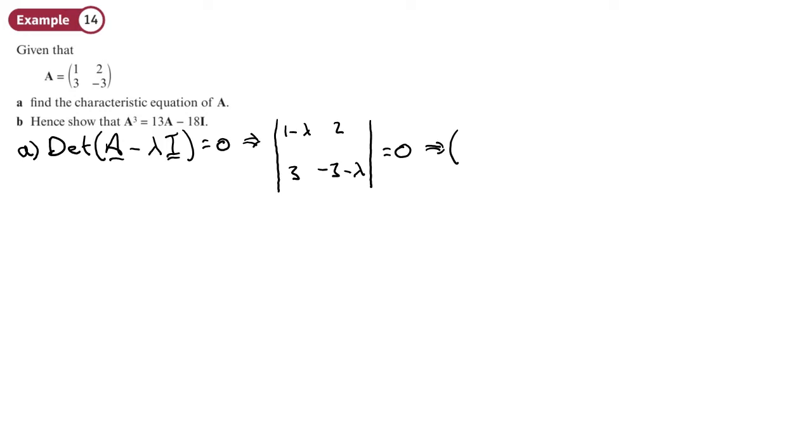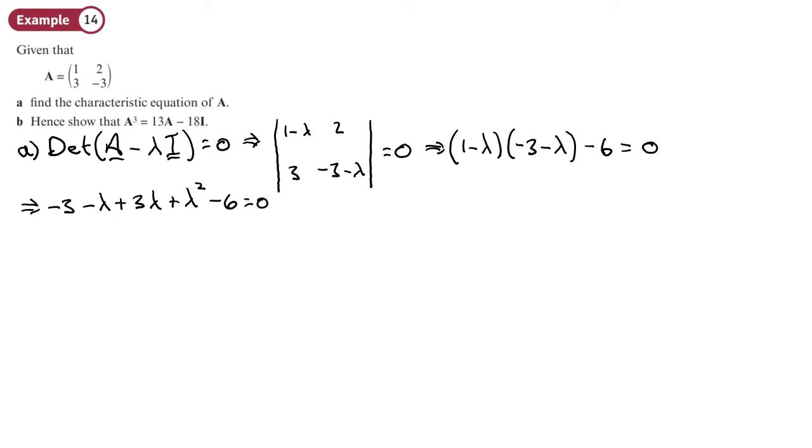So that will be 1 minus lambda times negative 3 minus lambda, minus 3 times 2, which is 6, equals 0. Multiplying out the brackets, we will have negative 3, and then minus lambda, I'm going to write it out because I don't want to make a mistake, minus lambda, and then plus 3 lambda, and then plus lambda squared minus 6 equals 0.